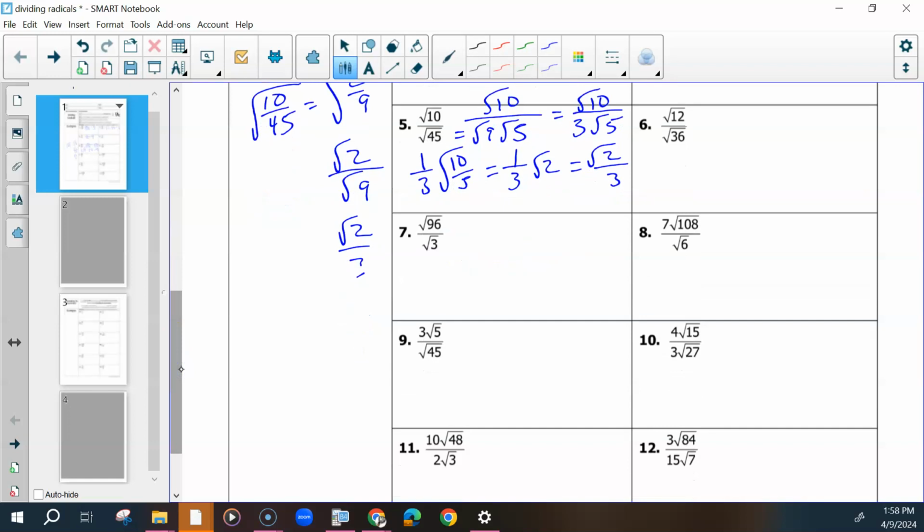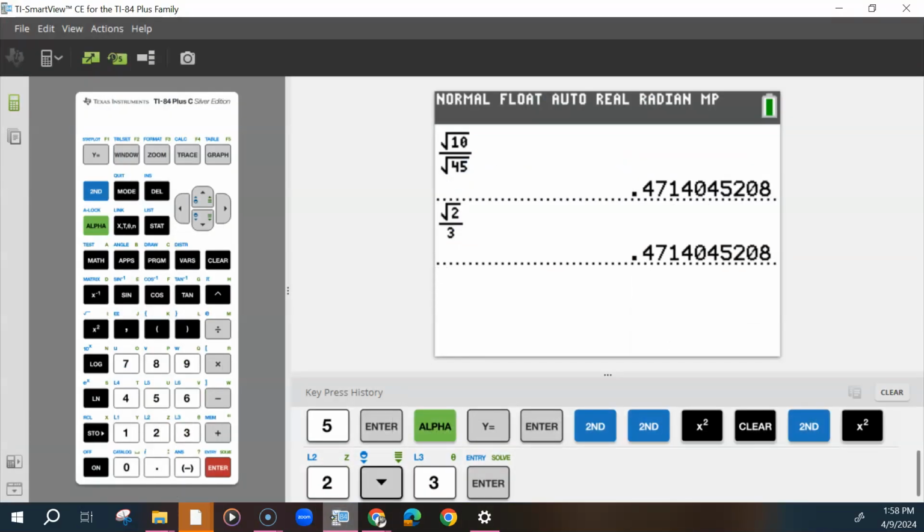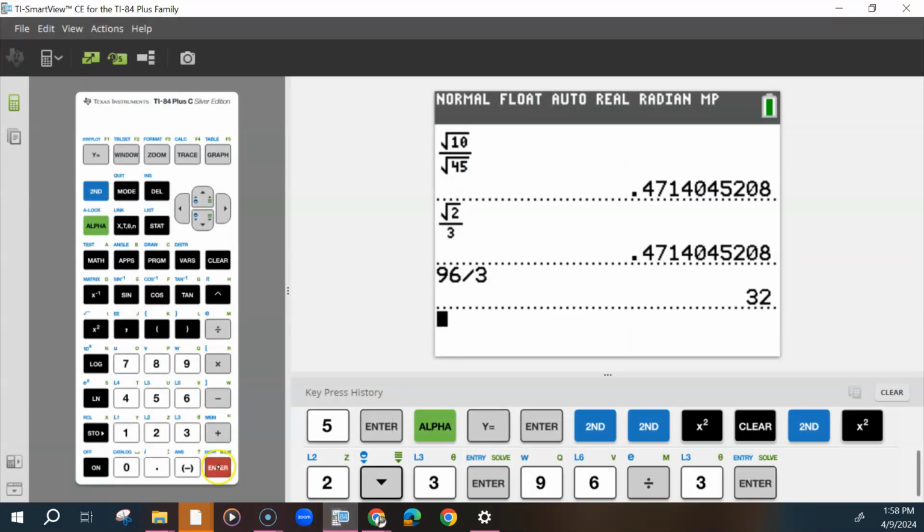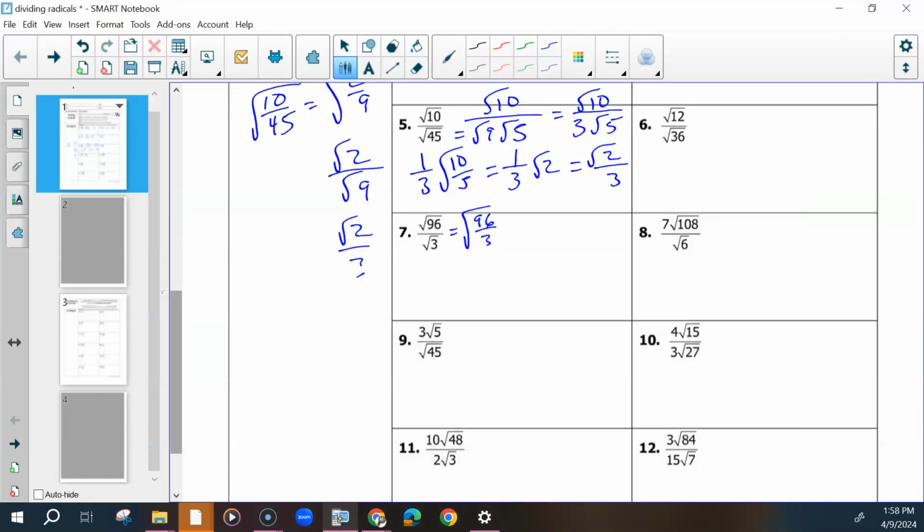All right, I'm going to skip 6, go on to 7. And I'm going to start by just rewriting it as 1 dividing, so 32. So now I no longer have a fraction at all, and I can just simplify this like normal.